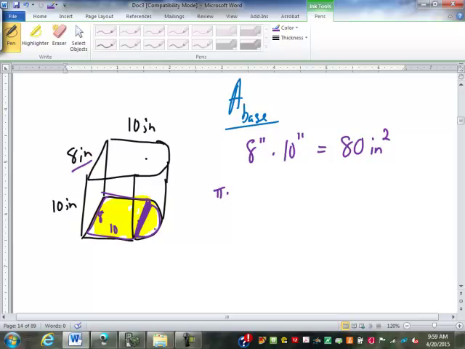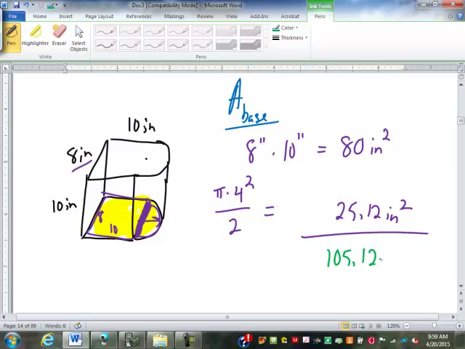So the radius would be 4. So it's pi times 4 squared, but that's only half a circle, which means I divide that in half. So that gives us 25.12 inches squared. Correct? Sure. So now we add that up, we get 105.12 square inches, which is the area of the base.